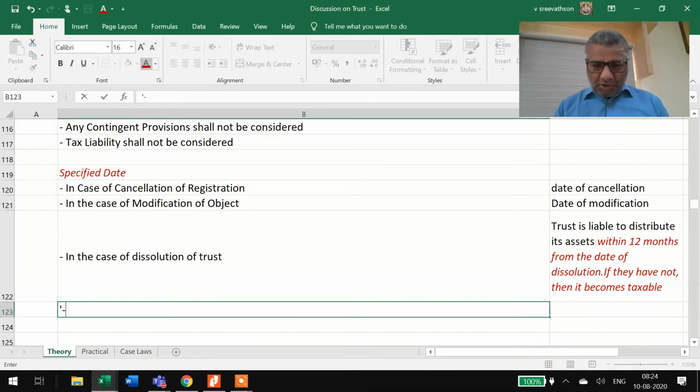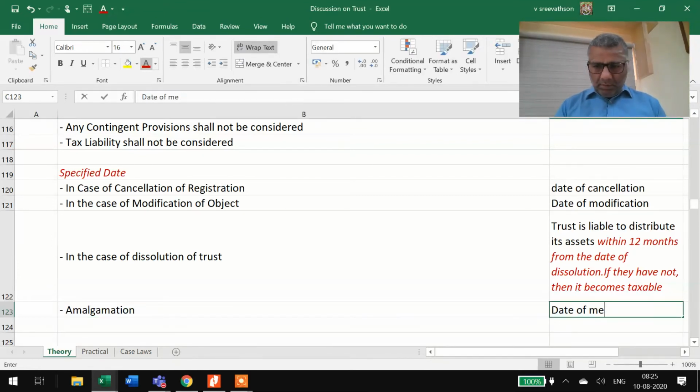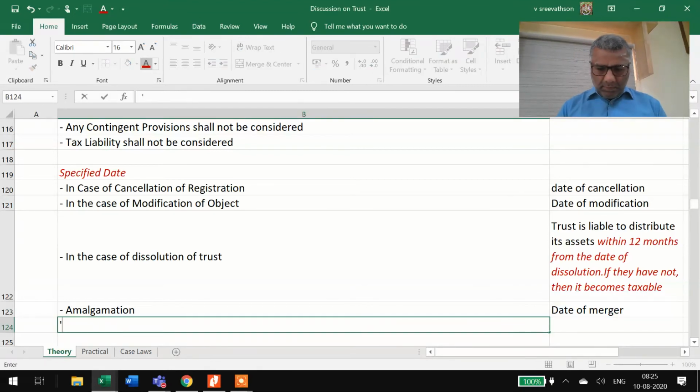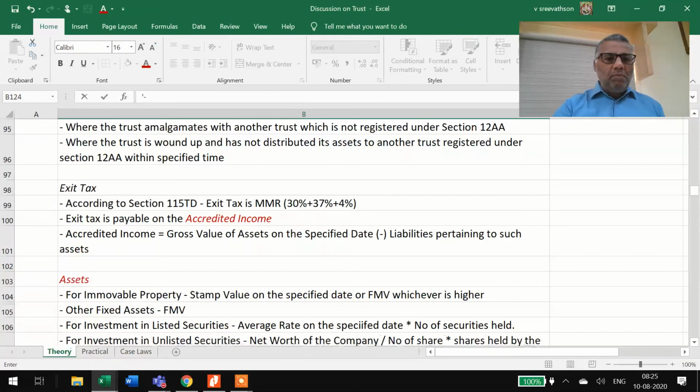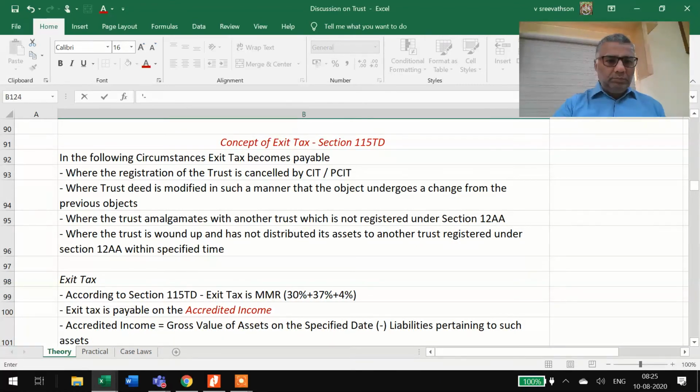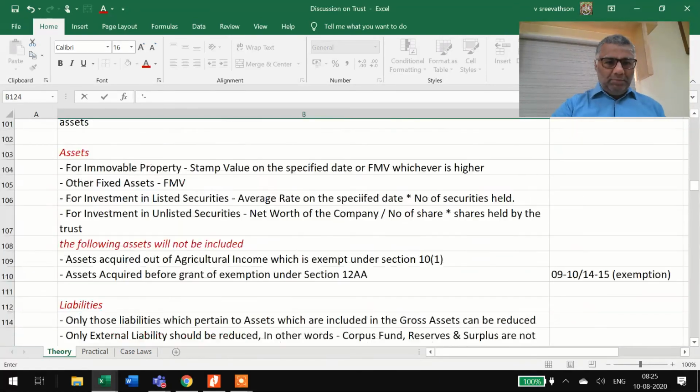Other two are simple. Amalgamation. Okay, only 4 cases.